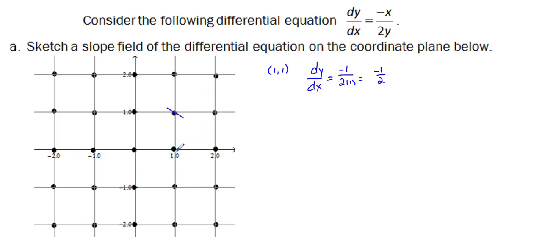Okay, how about the point 1, 2? dy/dx, and you could say evaluated at 1, 2. Remember, we could do that notation. Okay, x is 1, y is 2. Negative 1/4. So that'd be down 1 over 4.